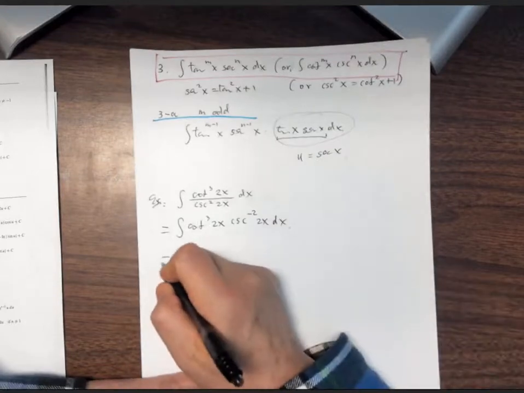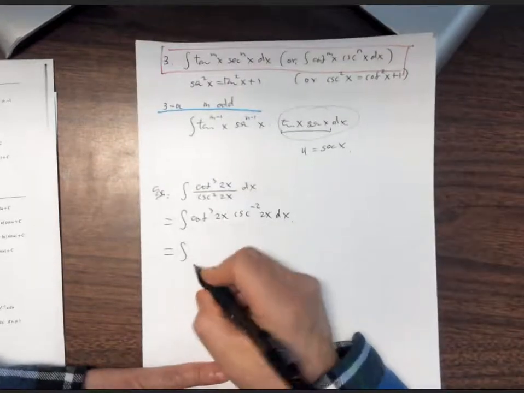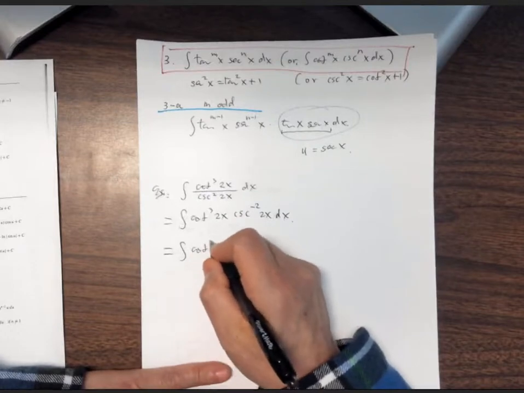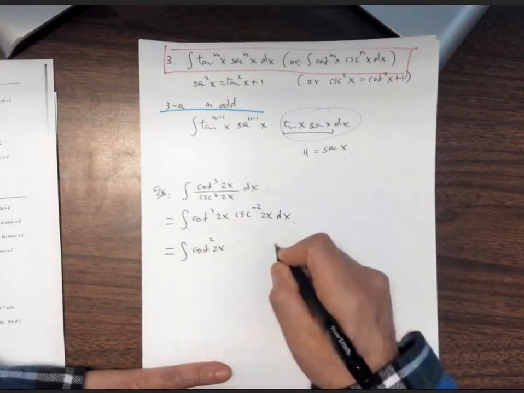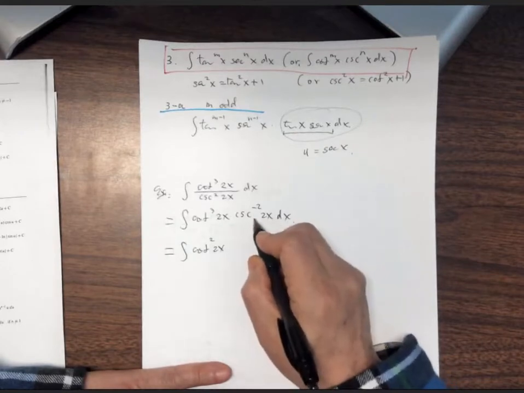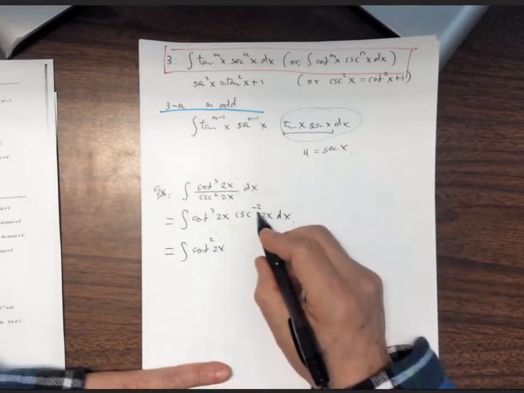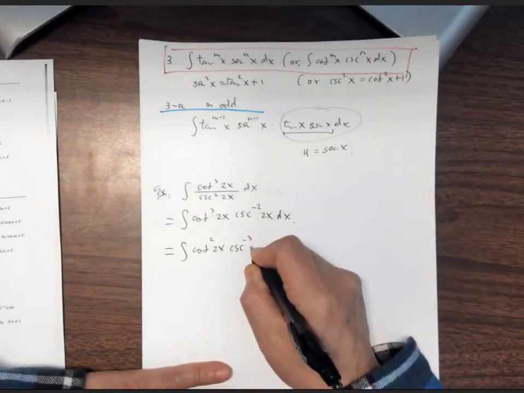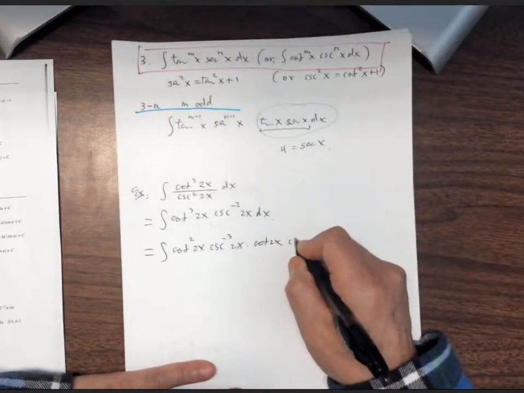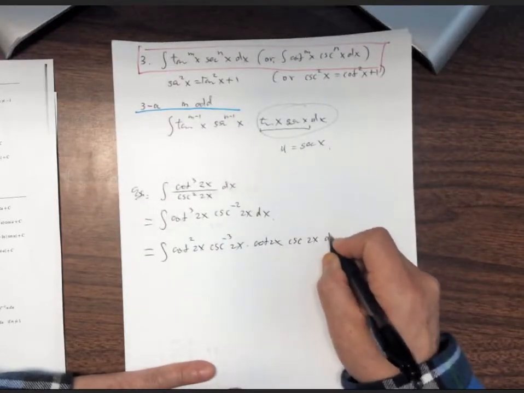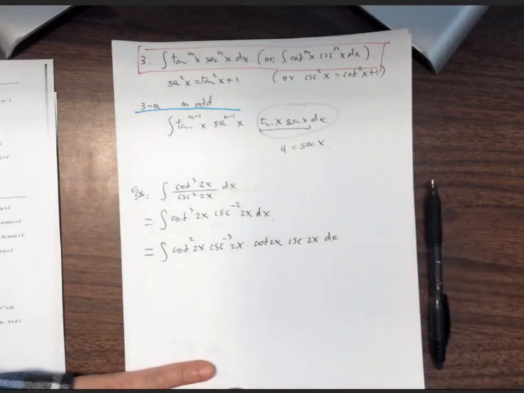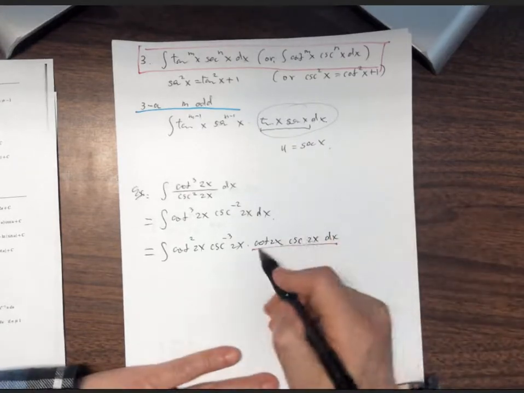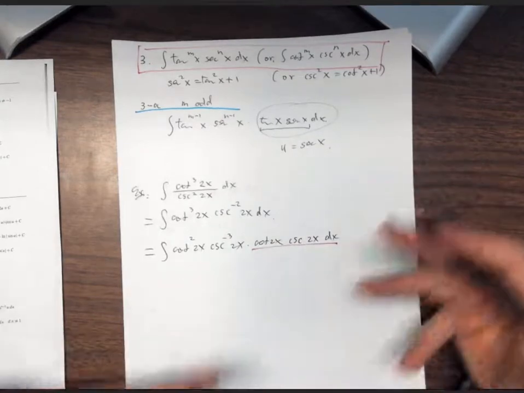Okay, m is odd, so we get a copy of cotangent and a copy of cosecant back here. Now it's negative 2, so if we get a copy from it, then we subtract 1 from it, right? So this is important. The cotangent and the cosecant together serve as a supporting factor.